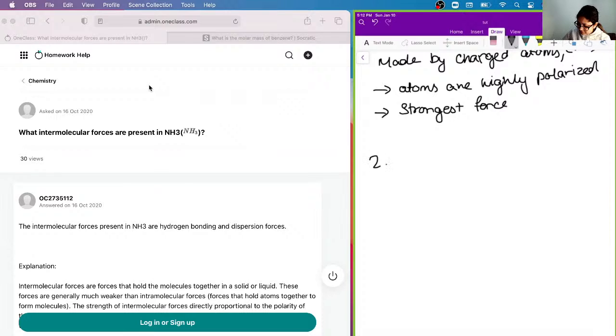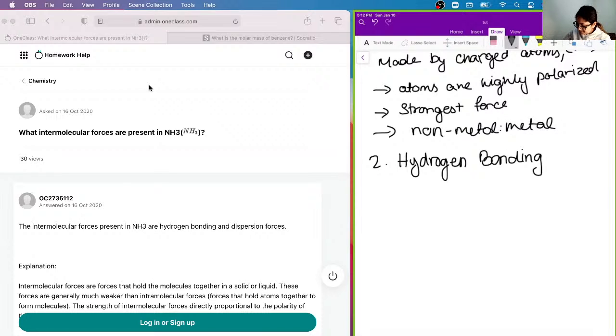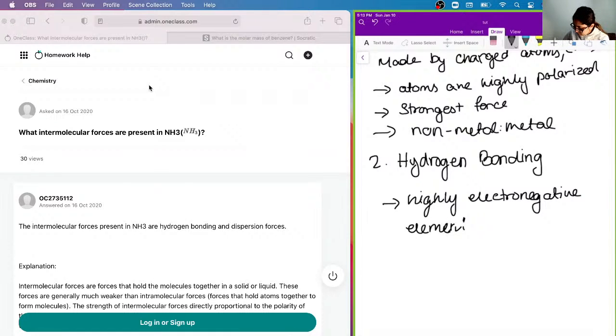The second one is hydrogen bonding. This occurs in molecules containing highly electronegative elements like fluorine, nitrogen, and oxygen directly bonded to a hydrogen.